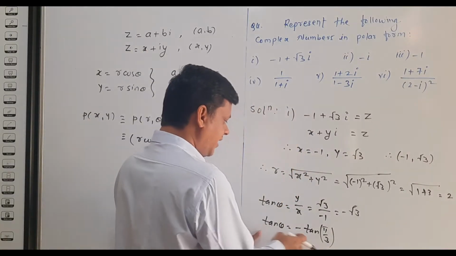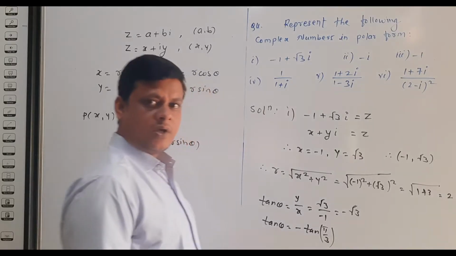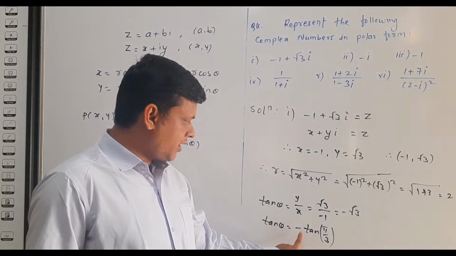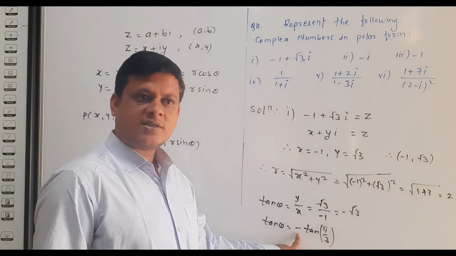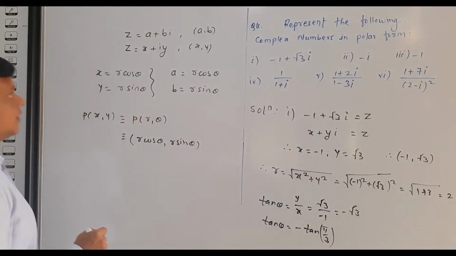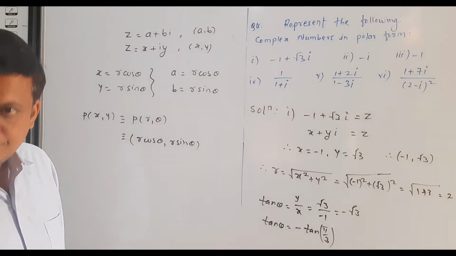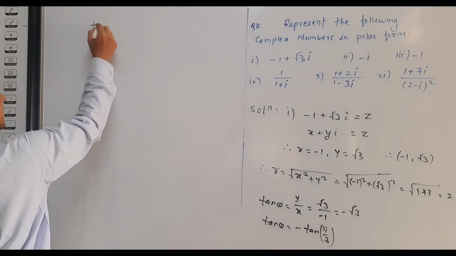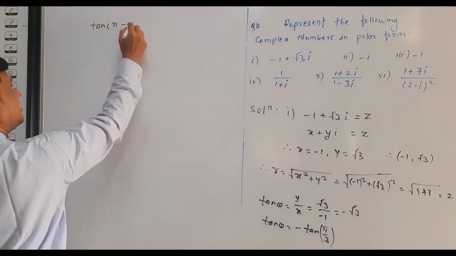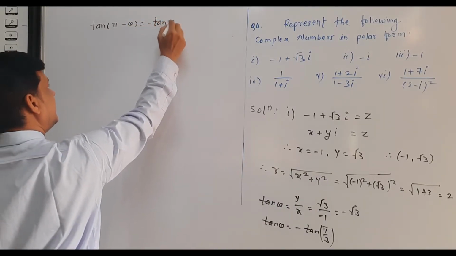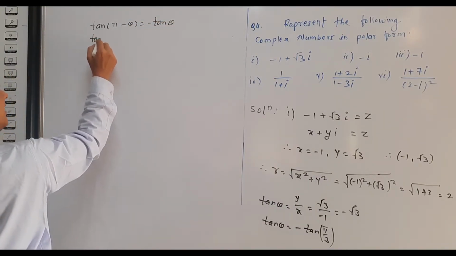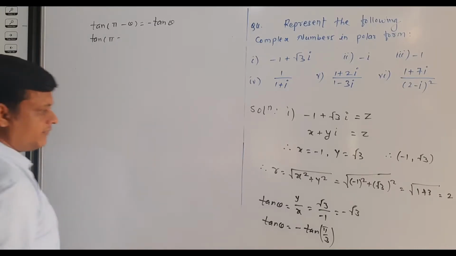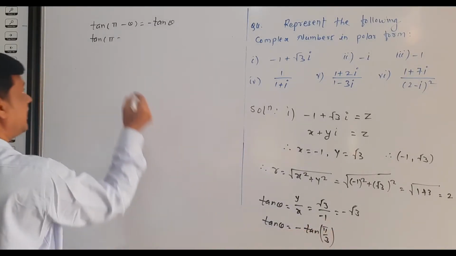Now for comparing with theta equals pi by 3, we have to convert this minus sign to plus sign. So for that we use the formula. In the second quadrant, tan of pi minus theta equals minus tan theta. So write tan of pi minus, in place of theta we have the value pi by 3.